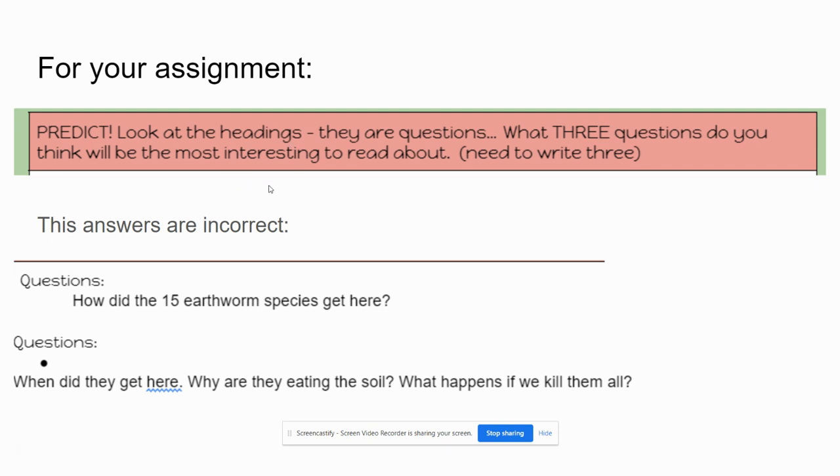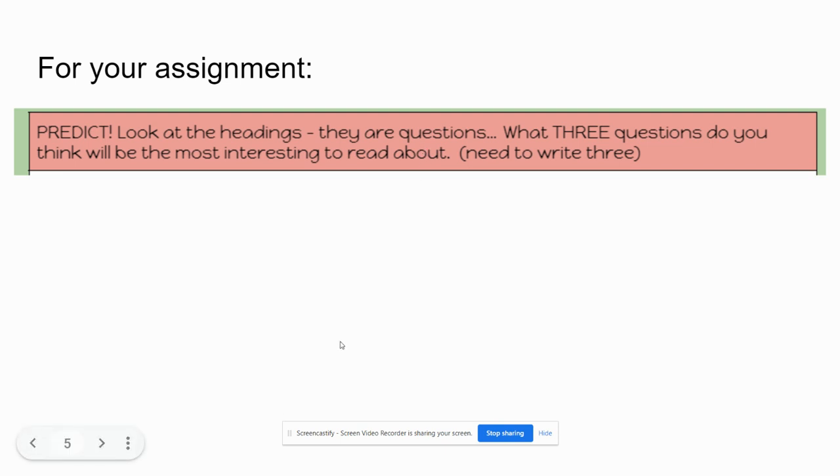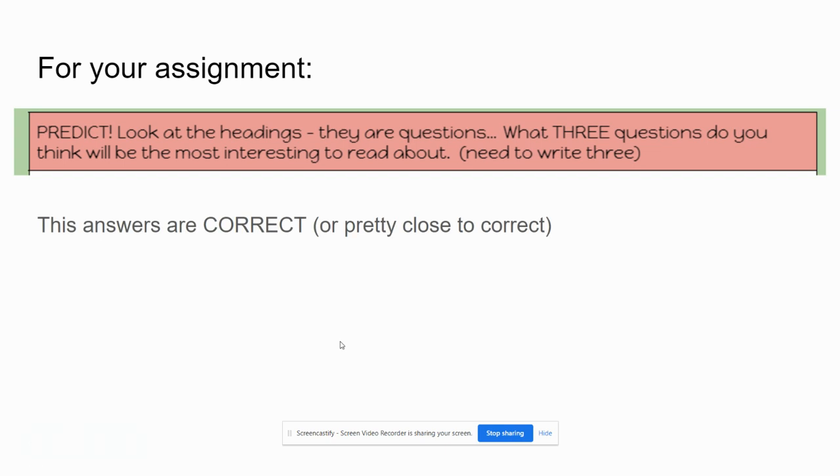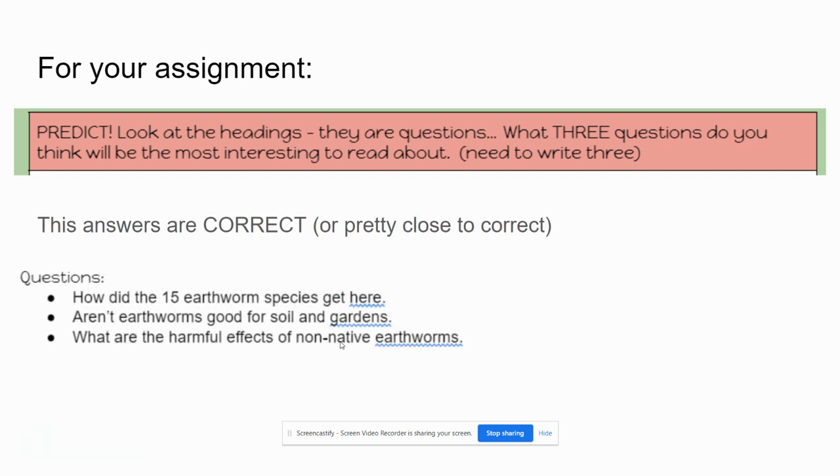But for this specific assignment, I was seeing if you know what headings are, so I would like you to just write down the three questions that are already on your page that you think will be the most interesting. This person made them up, so those would not be right. But these ones are right, or pretty close to right.